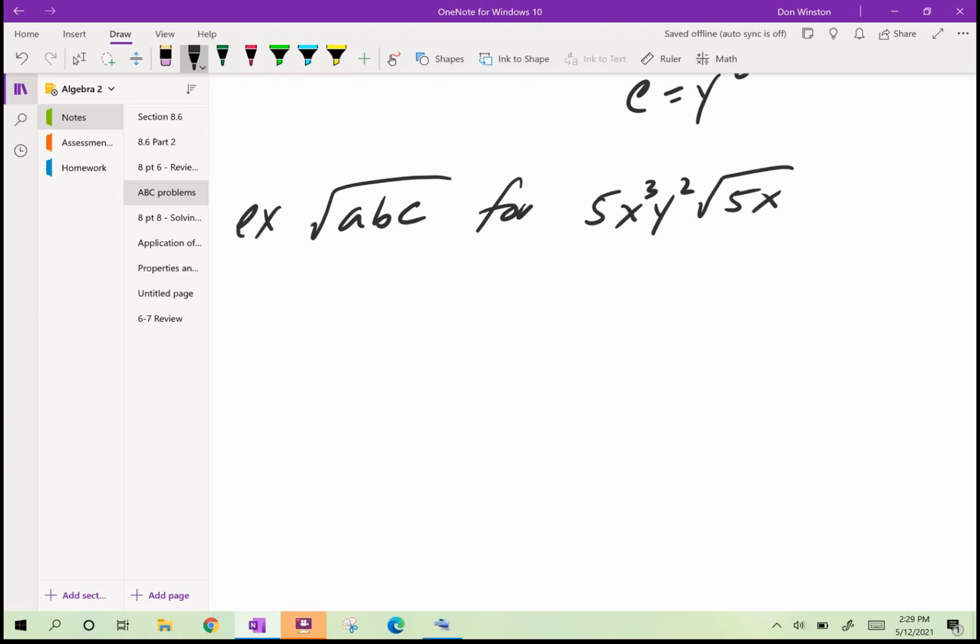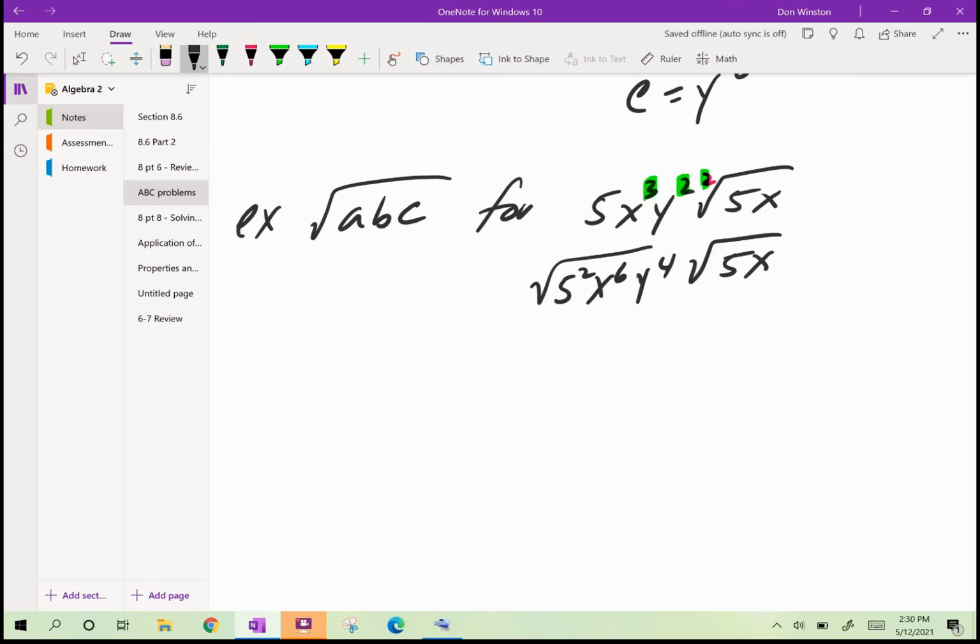So again, reverse the process. My index is 2, so I'll have 5 squared. And then 3 times 2 is 6, so I'll have x to the 6th. And then 2 times 2 is 4, I'll have y to the 4th. And then I'll multiply that by the square root of 5x.